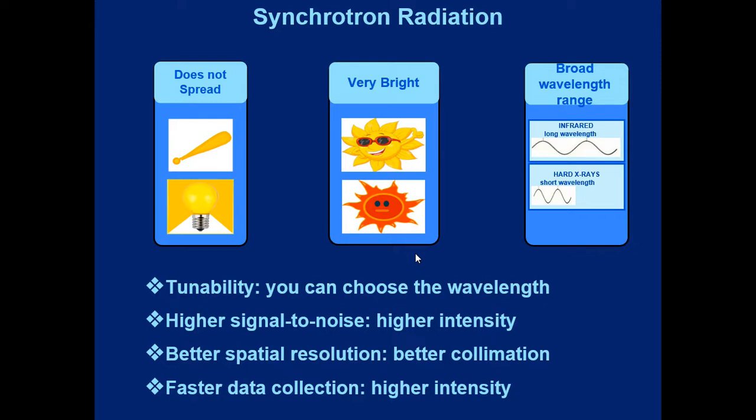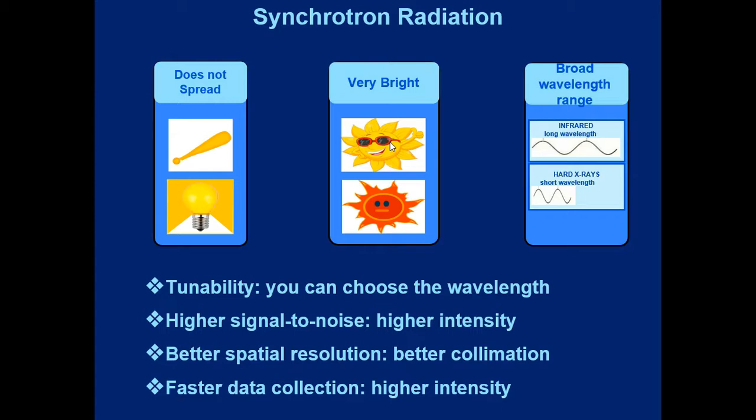Now, the idea with synchrotron radiation is it's a very narrow beam of light, so it's very focused. It doesn't spread out like a light bulb. It's extremely bright and has quite a bit of intensity to it. We can also vary the wavelengths. The idea with the NSLS-II was that it gave us an even brighter light.